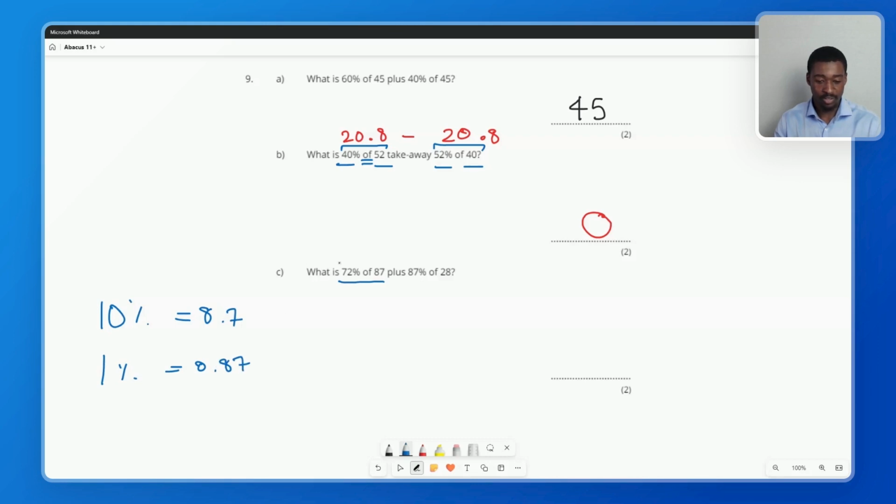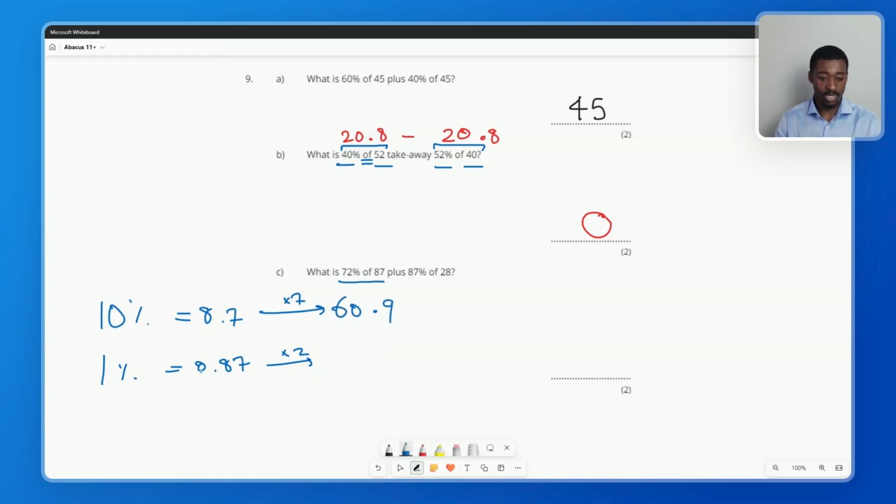So to get 72%, we multiply this by 7 and we multiply this by 2. So 8.7 times 7, mental maths, 8 times 7 is 56. 0.7 times 7 is 4.9. So 56, 4.9, 60.9.